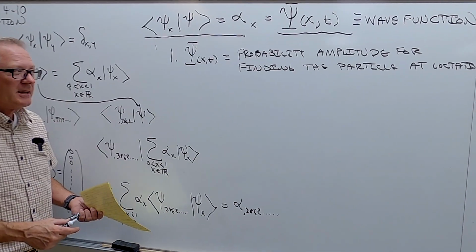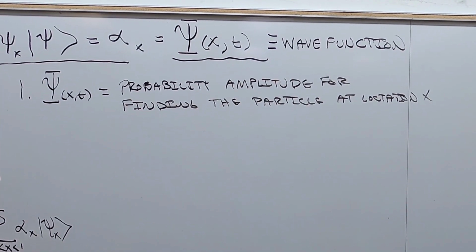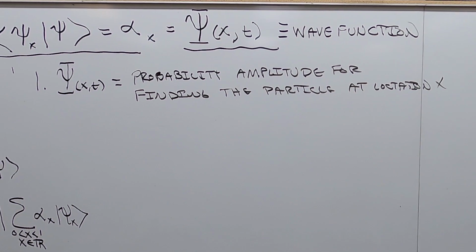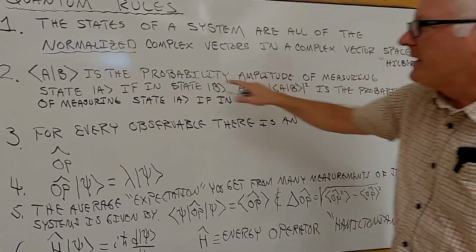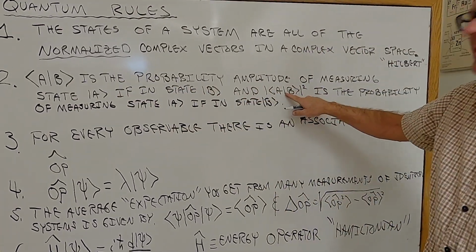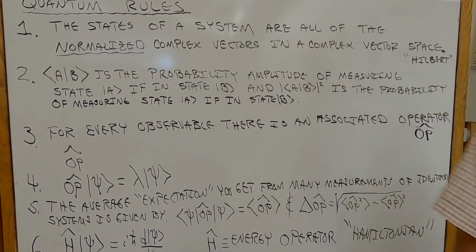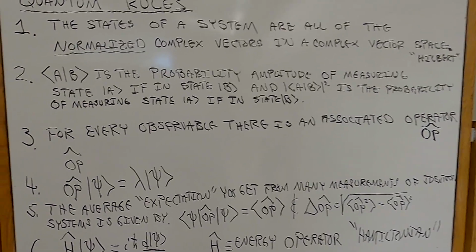It's not the probability. Remember, to get it to turn into the probability, I guess we'll use the second one right here. How did we get the probability from the probability amplitude? We took the square of it. So that'll be my second rule.